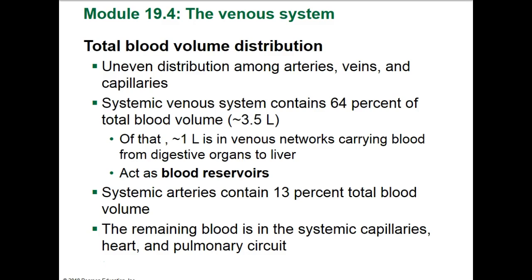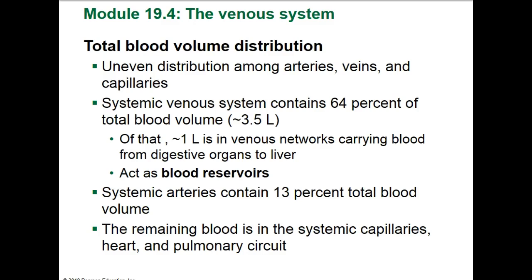Now the distribution of blood is uneven throughout the arteries, veins, and capillaries. Your systemic venous system has about 64% of your total blood volume. And of that, about 1 liter is in the venous networks that carry blood from the digestive organs to the liver. So it actually acts as a blood reservoir.